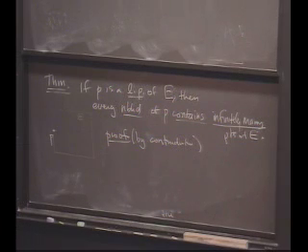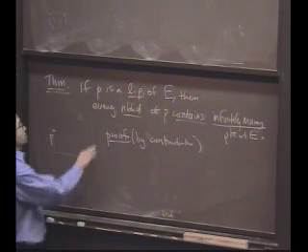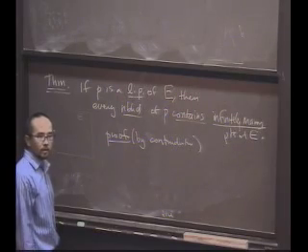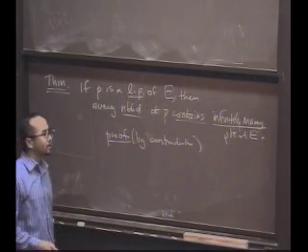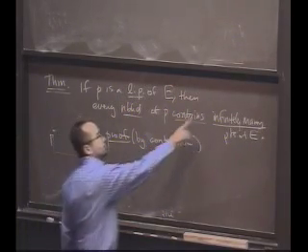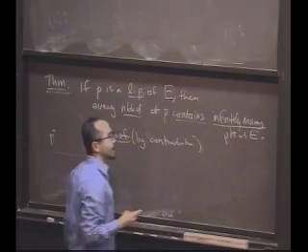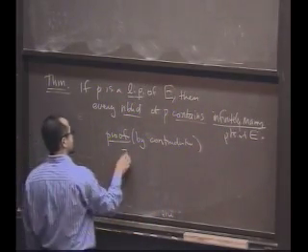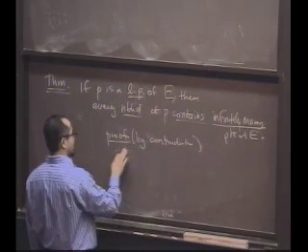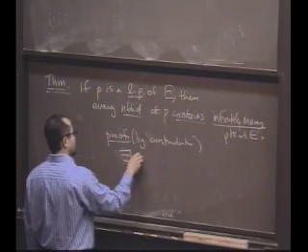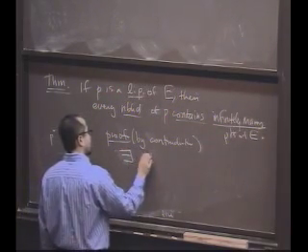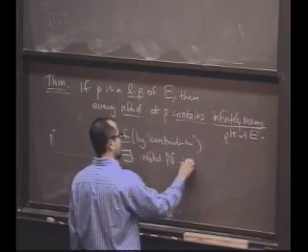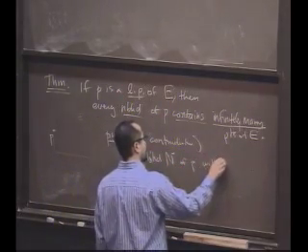Proof by contradiction starts off by saying, okay, well, what's the negation of every neighborhood of P contains infinitely many points of E? There exists a neighborhood of P which doesn't contain infinitely many points, right? With me? So by contradiction, I'm just sketching this, there exists a neighborhood N of P with only finitely many points.